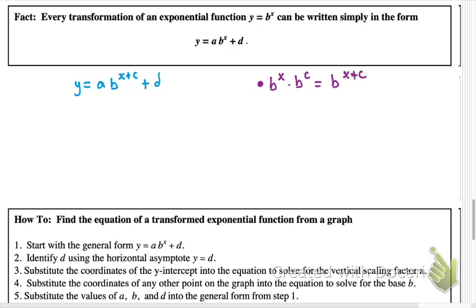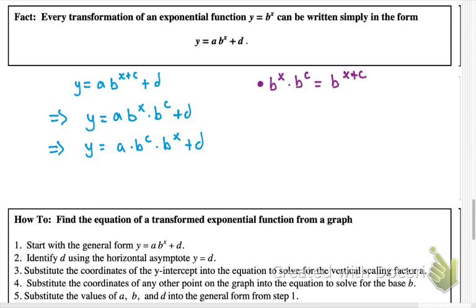So if you multiply two numbers with the same base, you add their exponents. And what that's going to allow us to do is actually to split up b to the x plus c, so the function becomes a times b to the x times b to the c plus d. And I'll rearrange this slightly as a times b to the c times b to the x plus d.